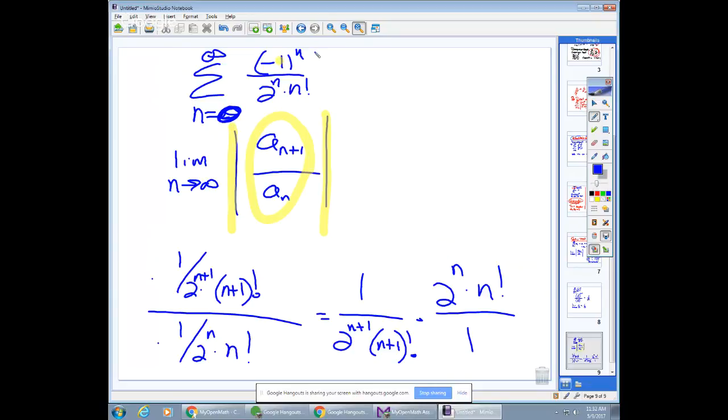Since I'm taking the absolute value, the numerator is either plus or minus 1. That's -1 to the power n up there, and so it's not going to contribute here, because of the absolute value. I'm skipping the step where I take the absolute value by just ignoring the sign change. It's either 1 or -1, and because we're taking the absolute value, it's gone.